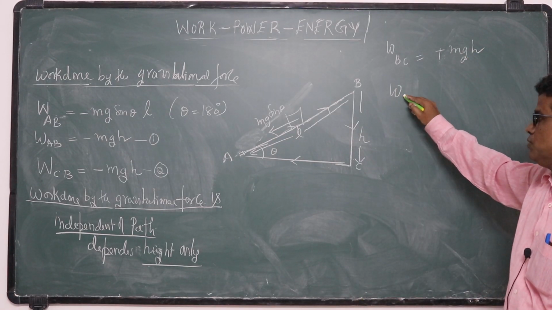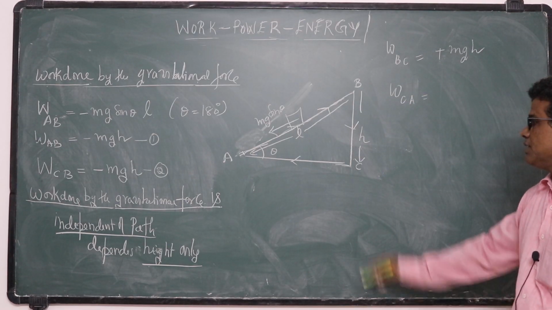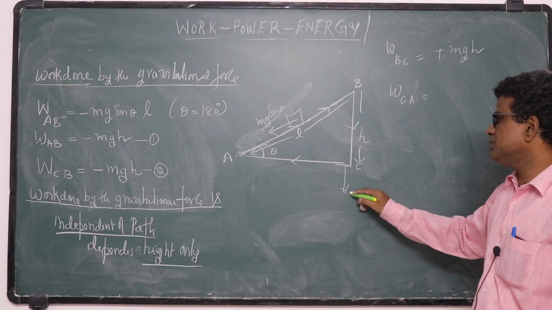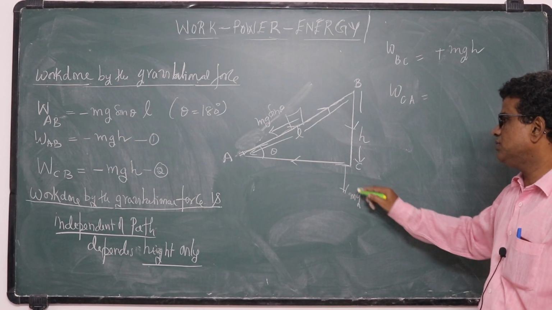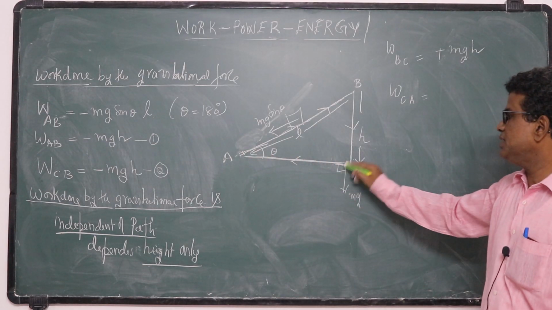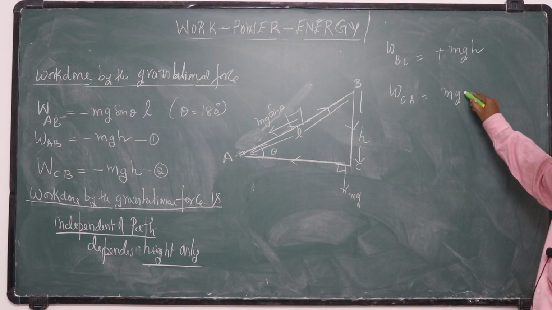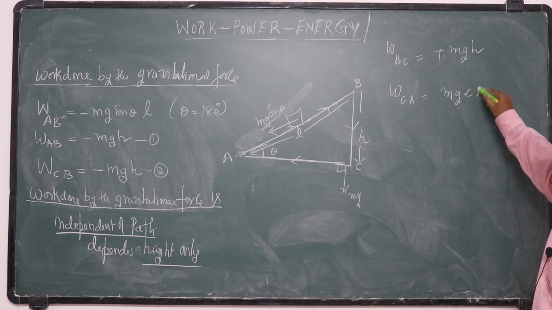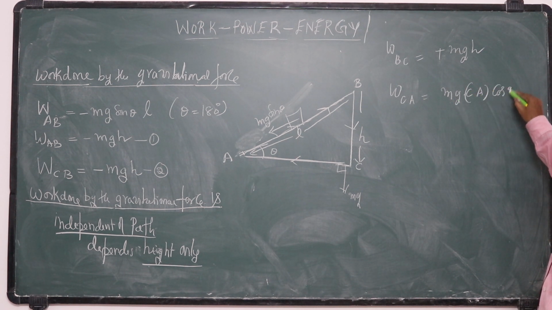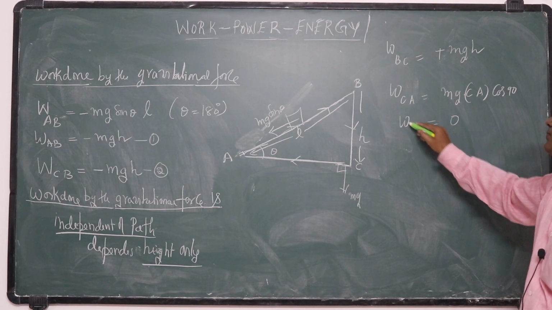Now work done to move C to A by the gravitational force: gravitational force is acting vertically down and displacement will be CA. So the angle between them is 90. So it is mg into CA, force into displacement, into cos 90. Cos 90 is 0.